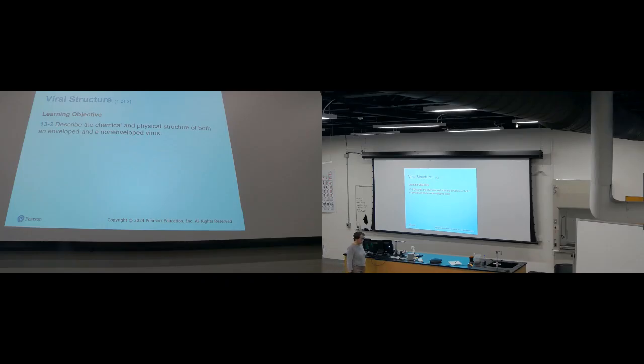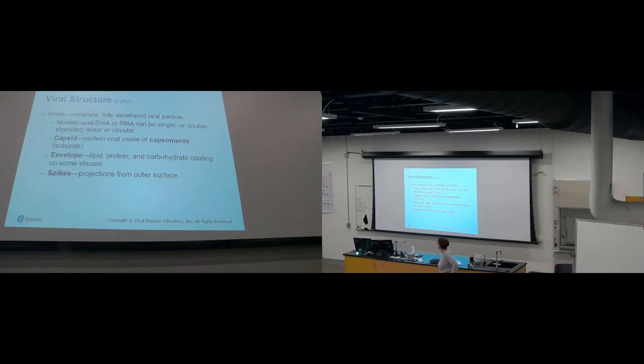So now we're going to see the differences between enveloped and non-enveloped viruses. When it comes to naming viral particles, if your viral particle is complete, it is called a virion. That virion includes the envelope for viruses that have an envelope.